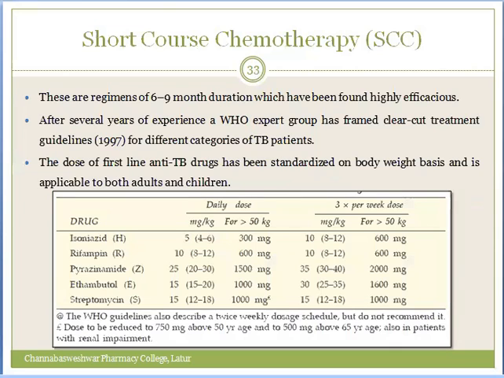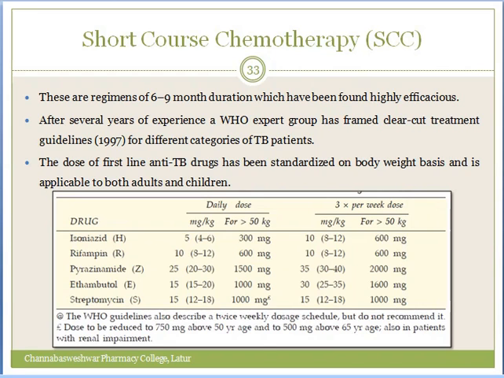Next, we'll discuss short course chemotherapy, in short known as SCC. These are regimens of 6 to 9 months duration, which have been found highly efficacious. After several years of experience, a WHO expert group framed clear-cut treatment guidelines in 1997 for different categories of tuberculosis patients.